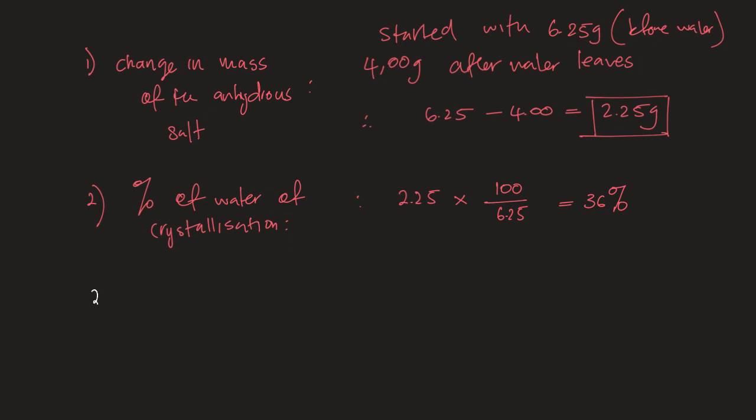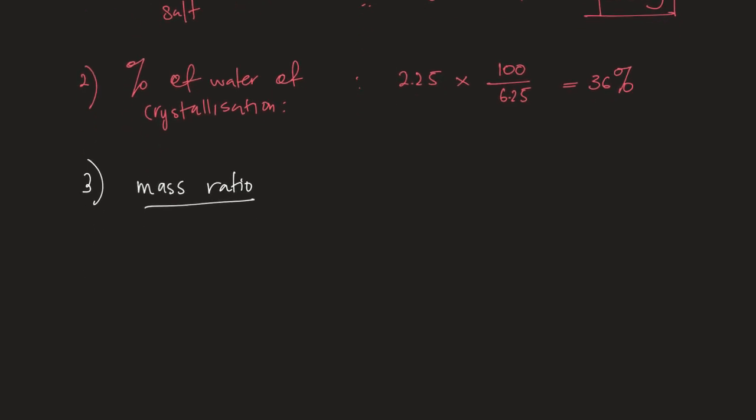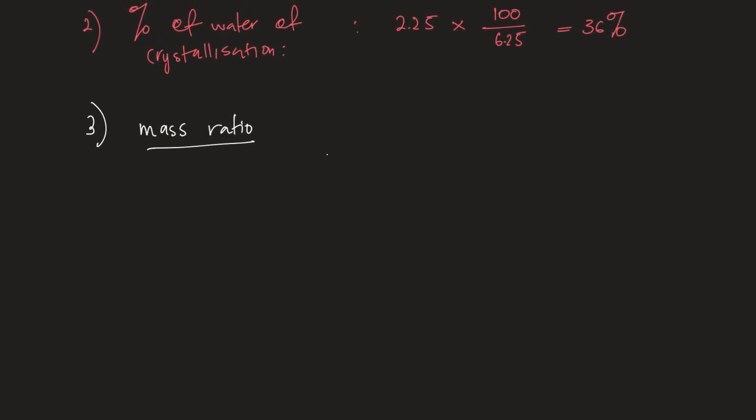The third step that needs to be done is you need to look at the mass ratio. You're going to look at your two compounds and their ratios. So you've got CuSO4 is to H2O.